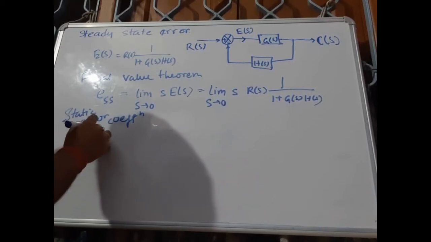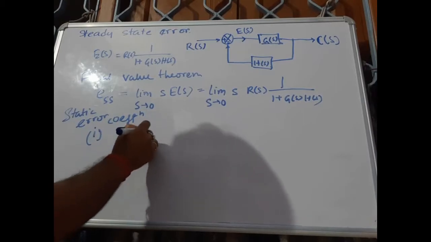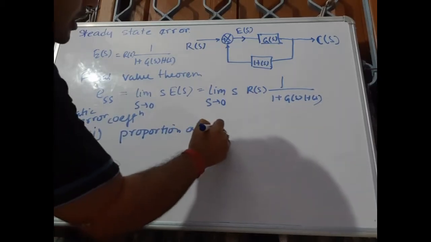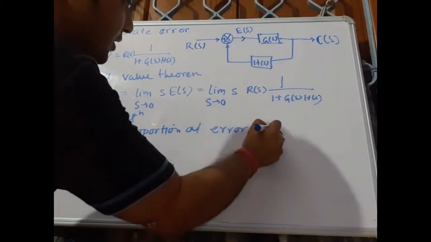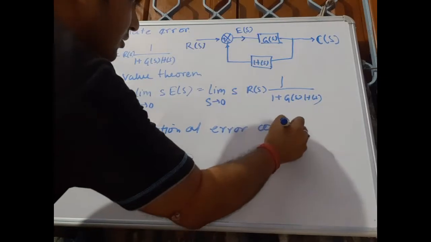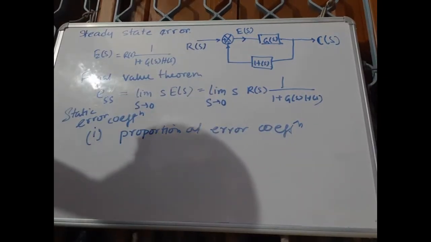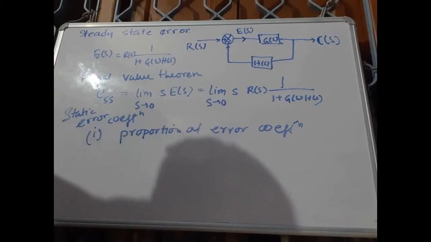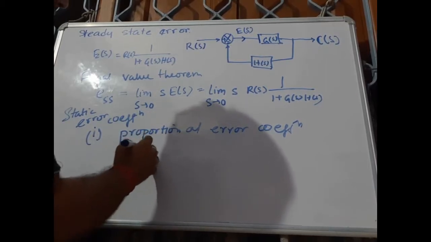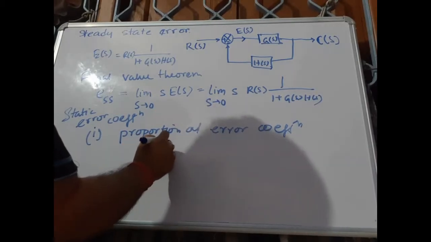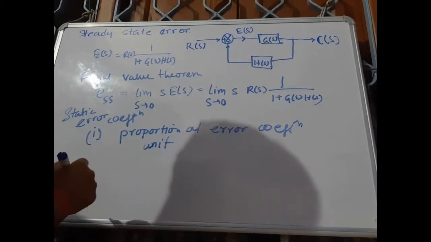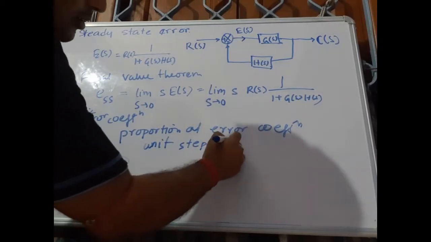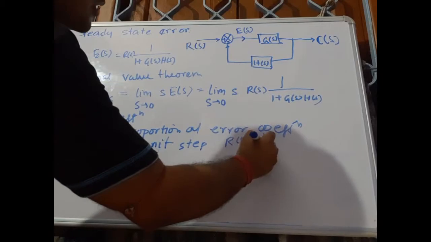First, take the static proportional error coefficient. Okay, now to obtain the proportional error coefficient, we have a unit step input. Okay, so R(s) will be 1 by s.